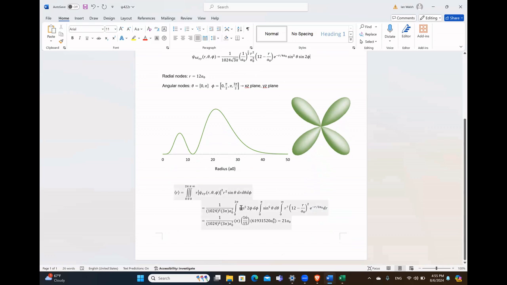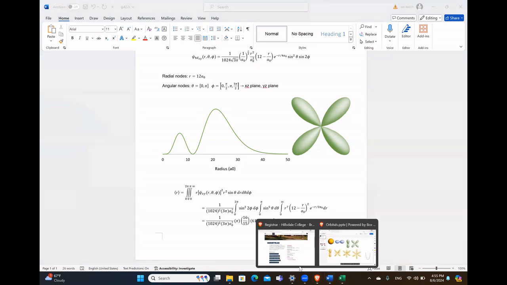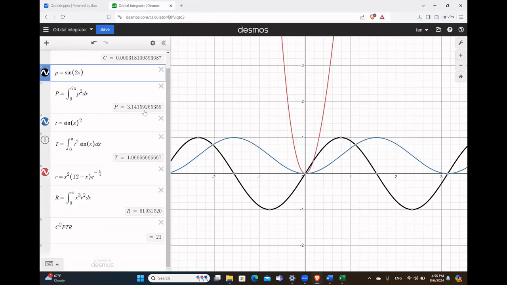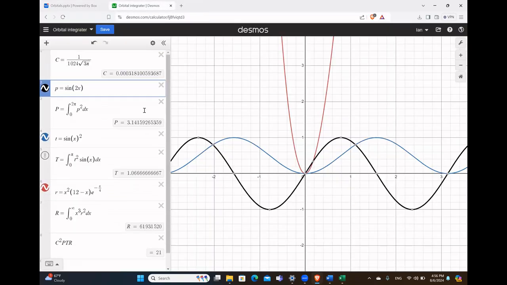I have my sine squared to phi d phi, my sine to the fifth, which comes from sine squared times sine theta. So I have all the integrals as if I would do them, and then you just do them using the computer, using the calculator. My calculator is too dumb to do something like that, but my computer's not. So I went through these on the computer here.